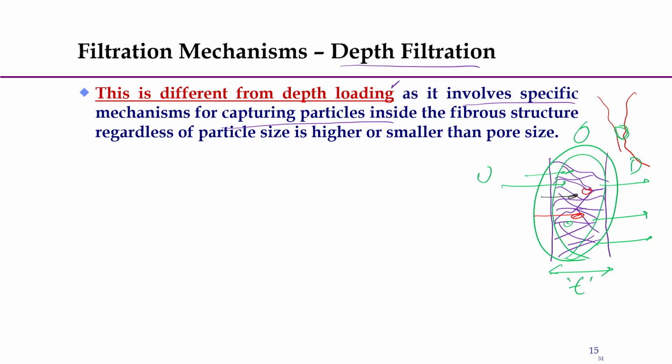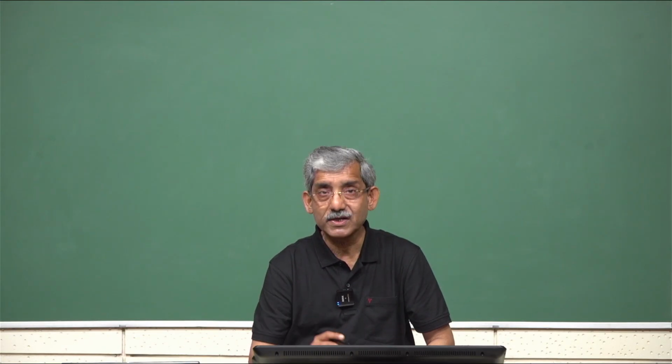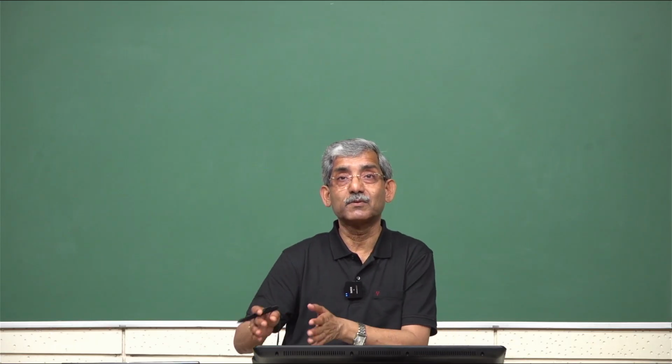So, as it involves specific mechanisms, we will discuss how these mechanisms help in capturing the particle inside the fibrous structure, regardless of whether the particle size is higher or smaller than the pore size. Even a particle smaller than the pore size can be captured within the structure using depth filtration.